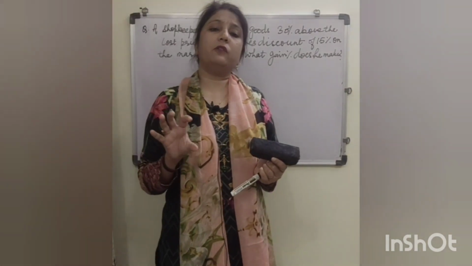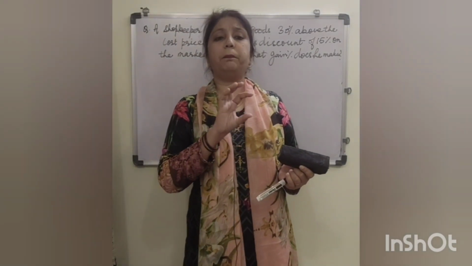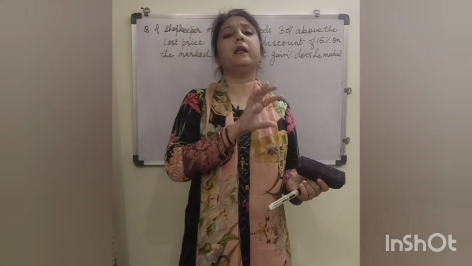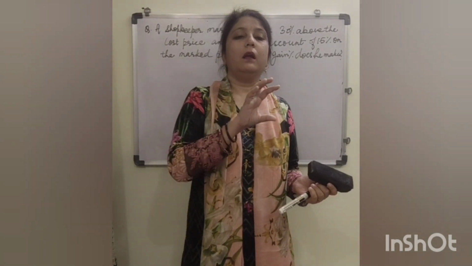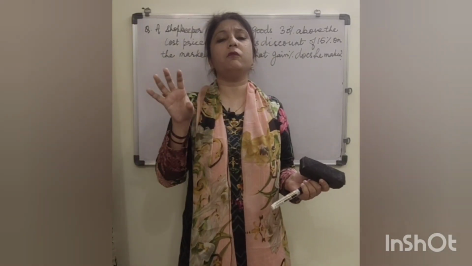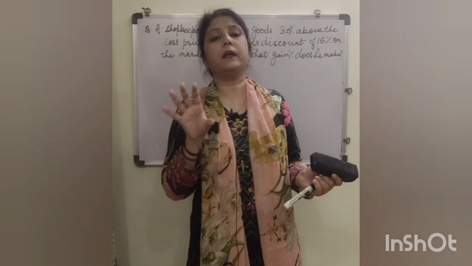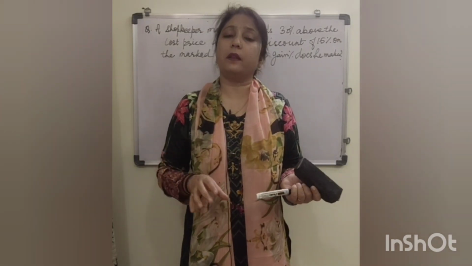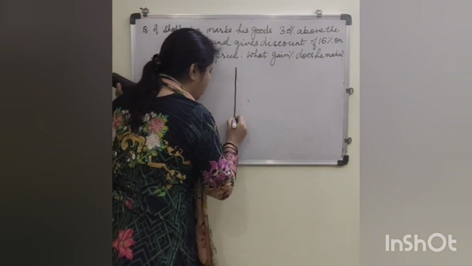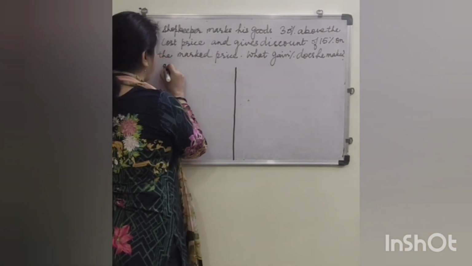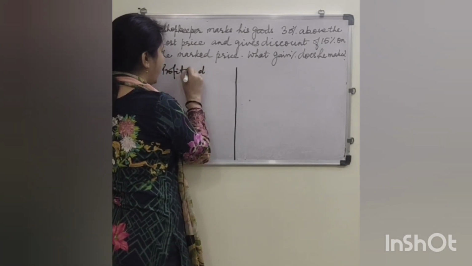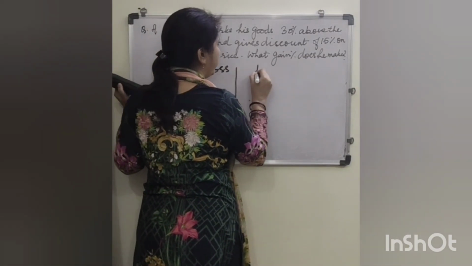Let me make you clear, children, that SP, selling price, plays the mediator role between profit and loss and discount, because this term is the one which connects. It acts as a connector between profit and loss and discount. So for this particular question, I will make two columns, one for profit and loss and another one for your discount.